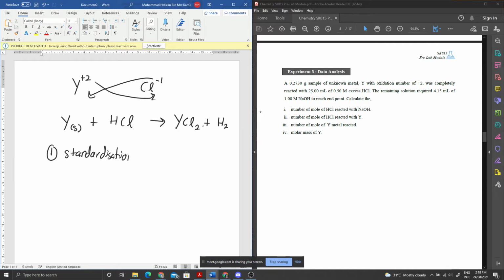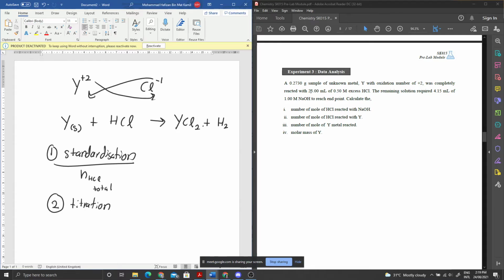The first, you find the total mole of HCl dulu, so n HCl total. Number 2, the number of HCl reacted with Y, kita dapat from titration.